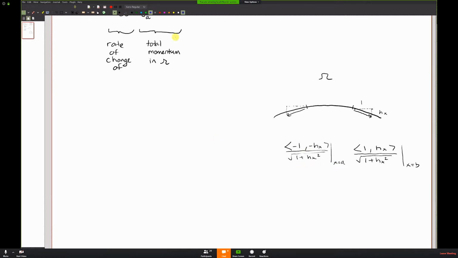The way I'll write that is approximately negative 1, negative h_x evaluated at A, and this right here is approximately 1, h_x evaluated at B, under that small slope assumption.